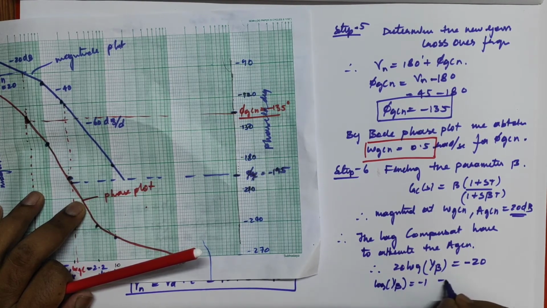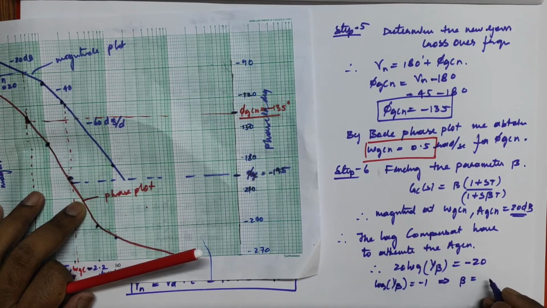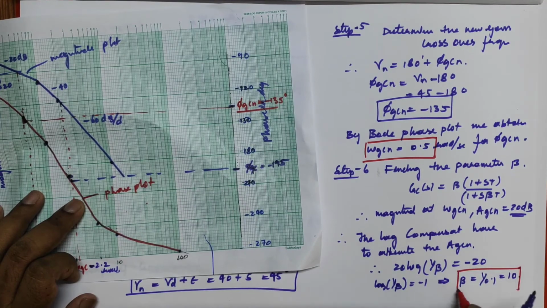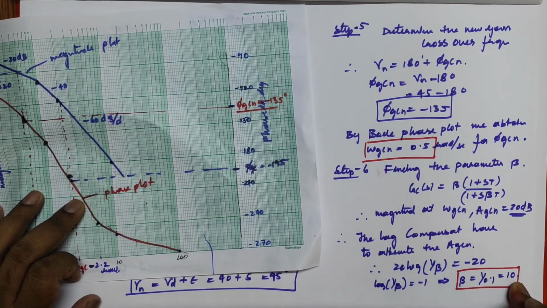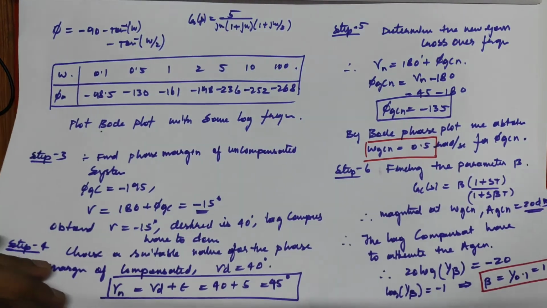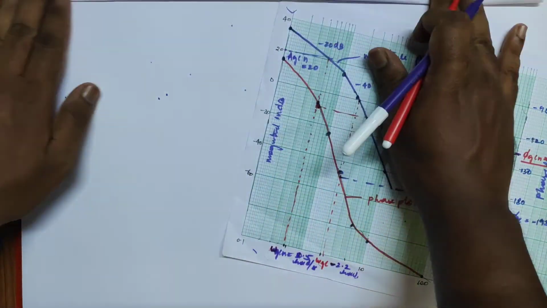So beta equals 10. This is the beta value, which is greater than 1. After getting the beta value, things get simplified.